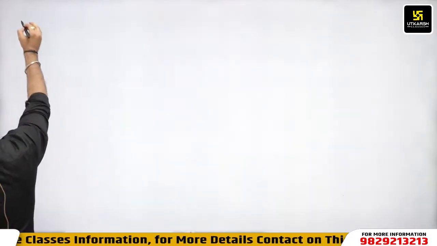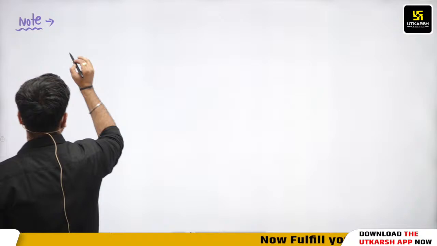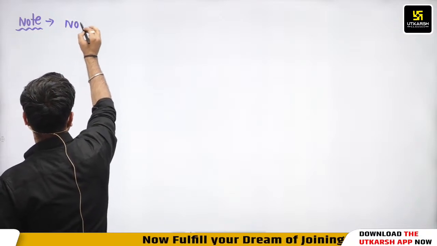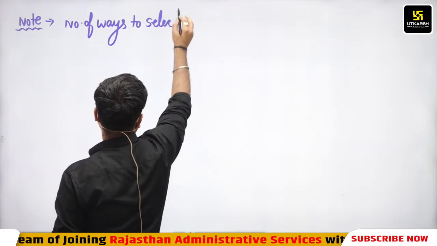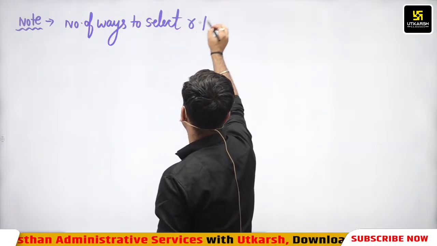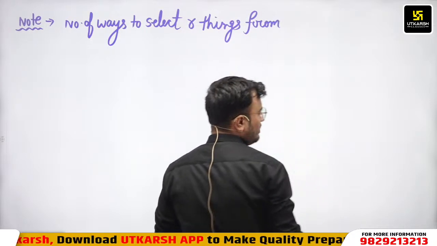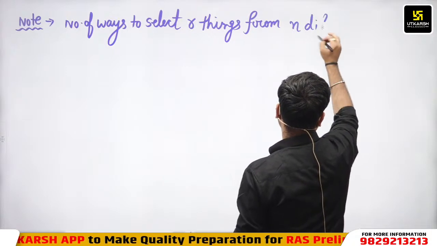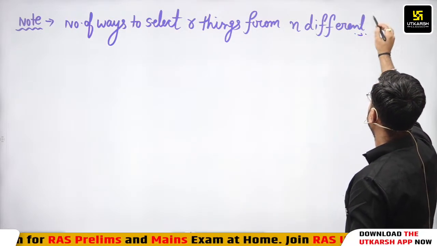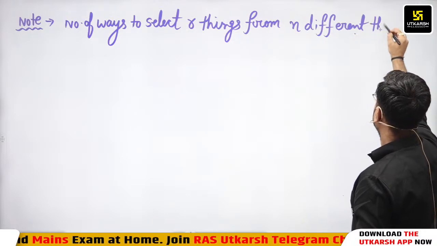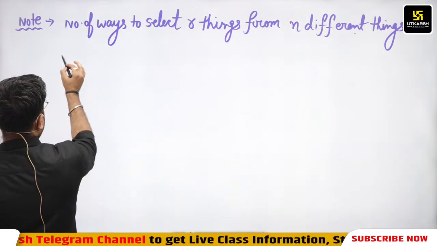As you know, in permutation and combination you learn that the number of ways to select r things from n different things is given by nCr.